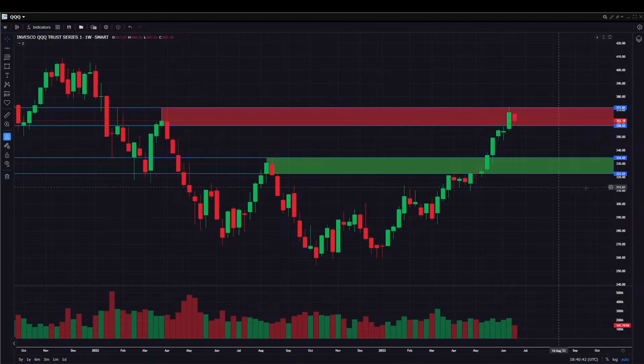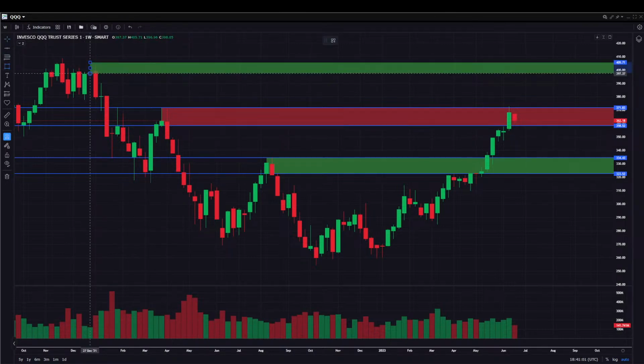So on the weekly, pretty clean. This one went right to the top. All-time highs are right here, so see how significant this supply zone was. The next supply zone I had was all-time highs.